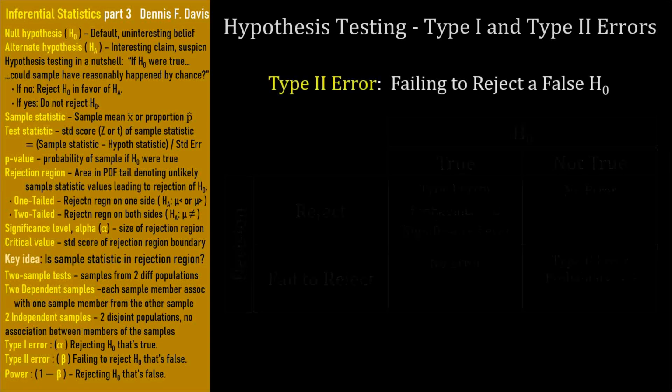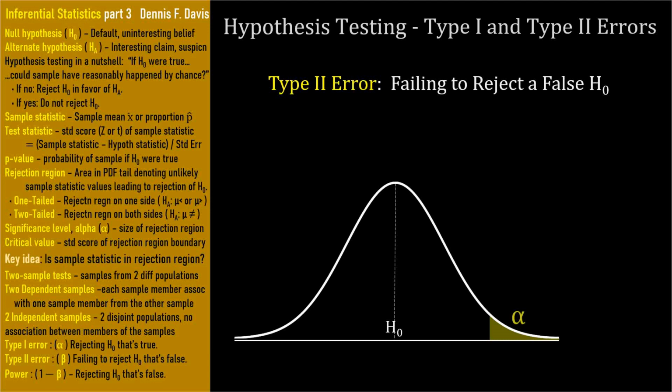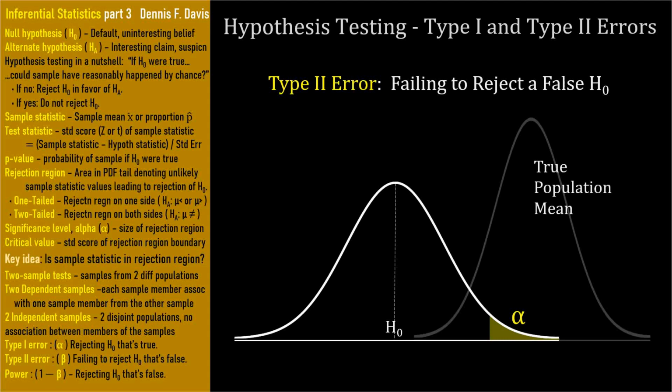Let me show you how that happens. Here's our null hypothesis and the sampling distribution we'd expect if the null hypothesis were true. And based on the problem statement, this is a right-tailed test. Well, unknown to us, H0 is actually false, and this gray PDF describes what's really going on. The true population mean is over here, but we don't know it.